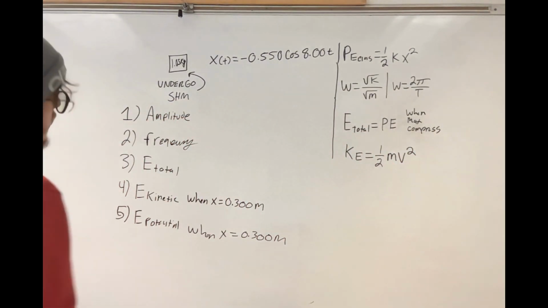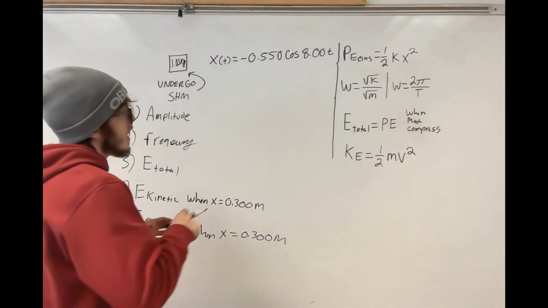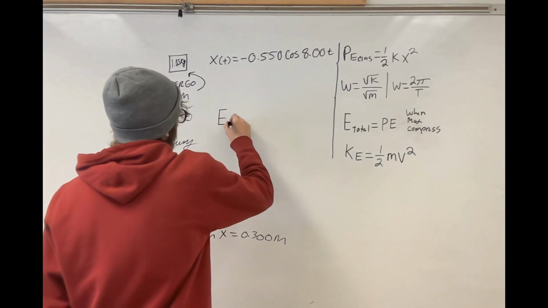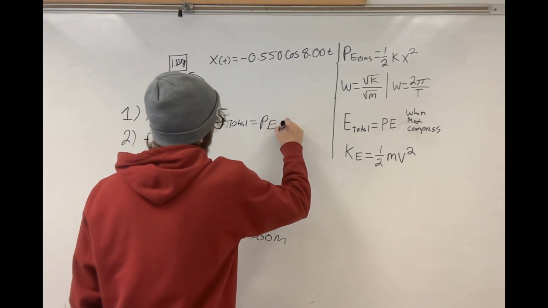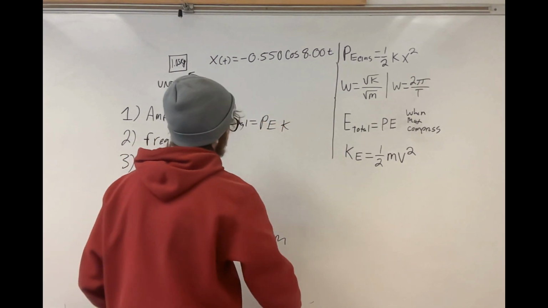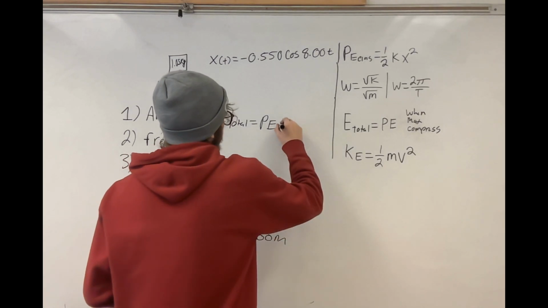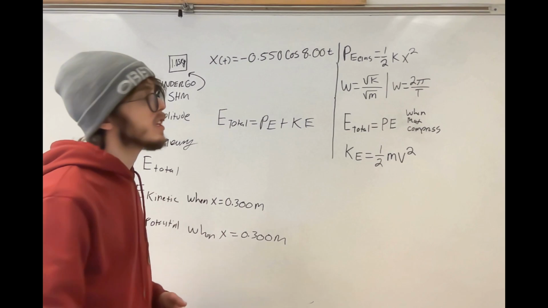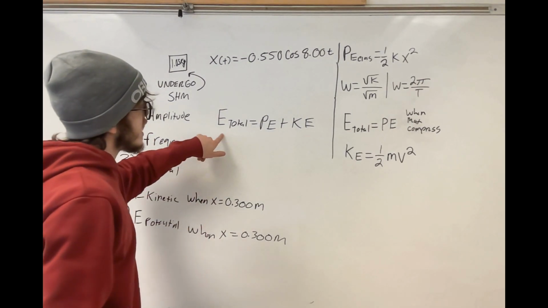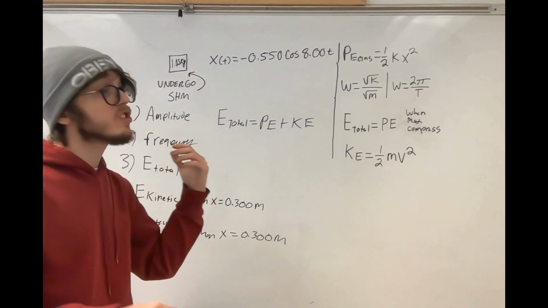An important concept that you need to know is that at any given point, the energy of the system is conserved. It's the potential energy plus kinetic energy. This is the one thing that you need to take from this section: the total energy of the system is conserved.